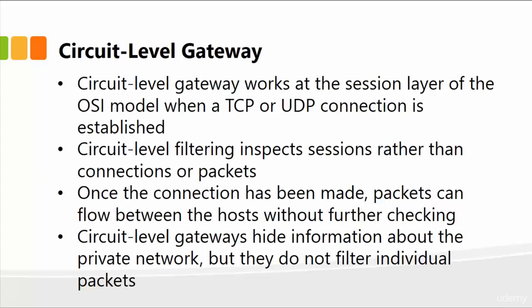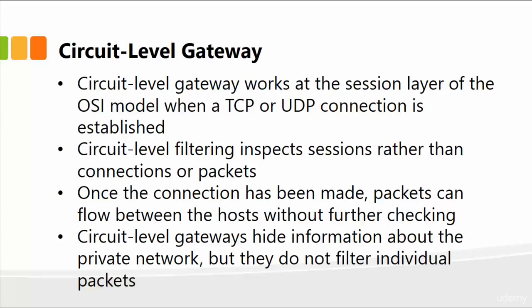The circuit level gateway is yet another way, and it works at the session layer of the OSI model when, for example, the TCP or a UDP connection is established. And what this does, it inspects sessions rather than connections or packets. So it's not concerned about the data, it's actually concerned about the session itself.